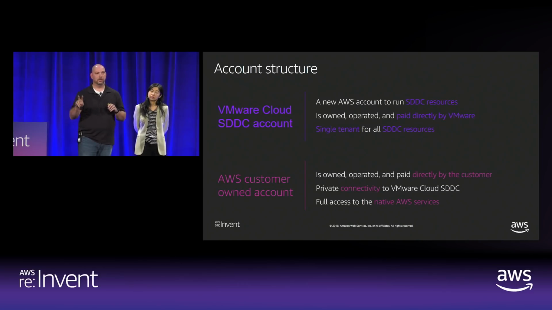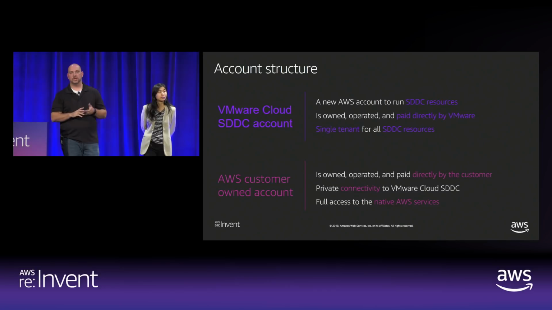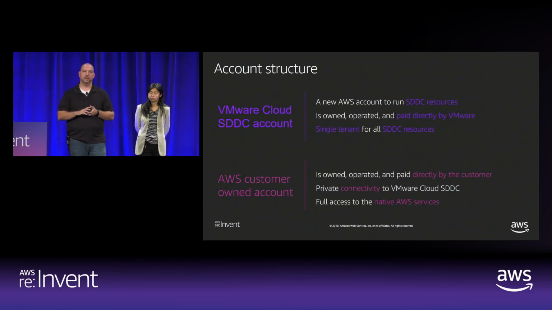So there's 2 bills, there's 2 accounts here. One, VMware is going to run all your resources needed for VMware Cloud, and they're going to bill you for the VMware Cloud service, but you don't actually see the actual resources running in your account. If you want to leverage native AWS services, so say, for example, that RDS database, you want to have a VMware Cloud on AWS VM connected to an RDS database in your AWS account, you can do that, and that would all be within your native AWS account.